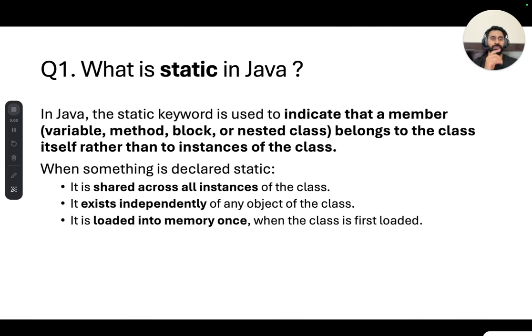If you want to keep any common data and share it among all the instances of that class, you can use the static keyword for that variable. The second point: it exists independently of any object of the class.